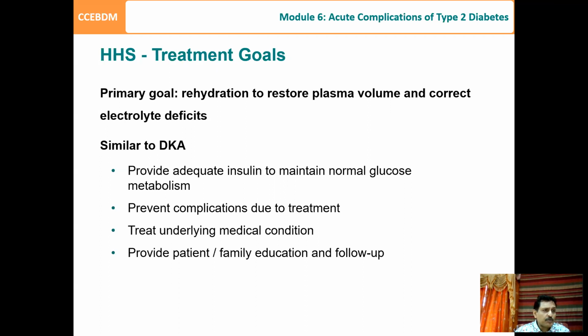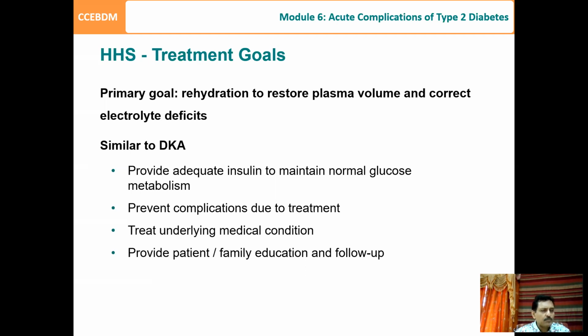We have to check the precipitating factor. Often hyperosmolar coma is associated with some precipitating underlying medical condition. As I've told you, sometimes it may be an infection, sometimes it may be a cardiovascular event. These are the things we have to look for, and we have to correct the underlying medical condition.